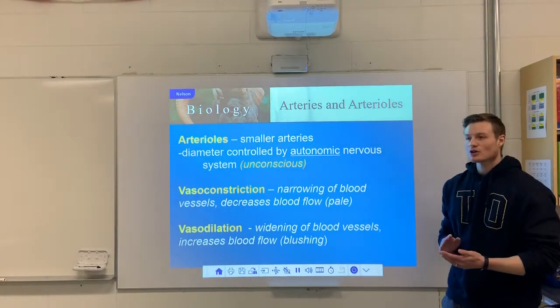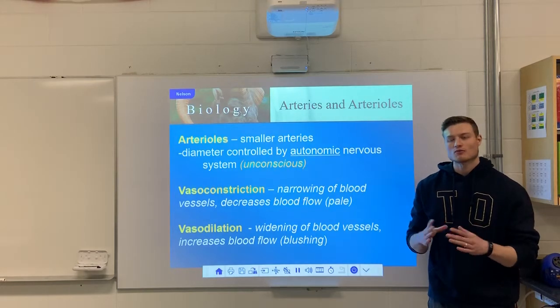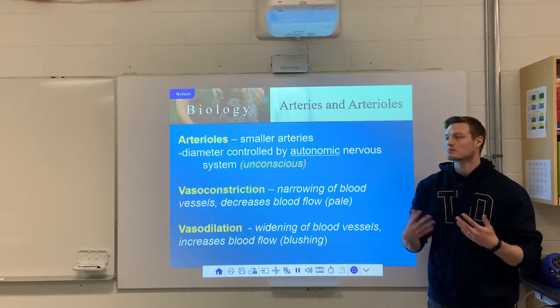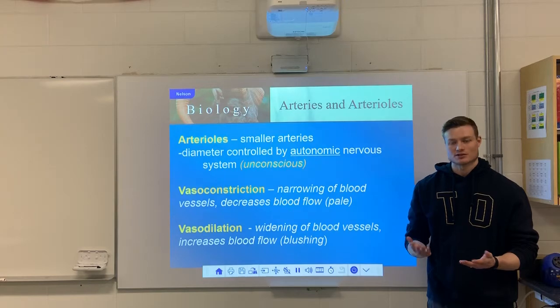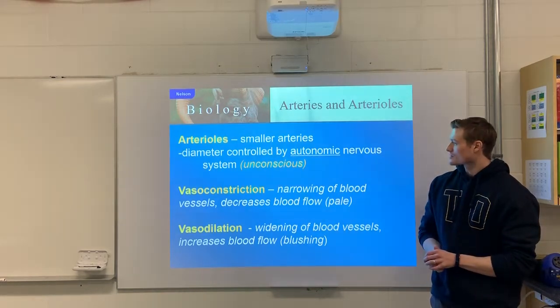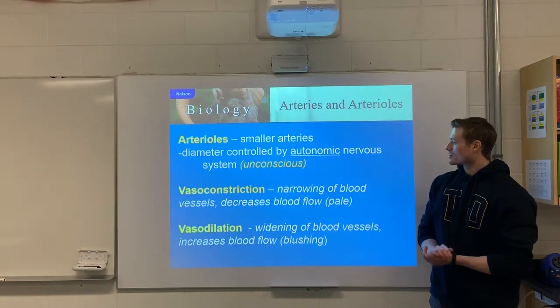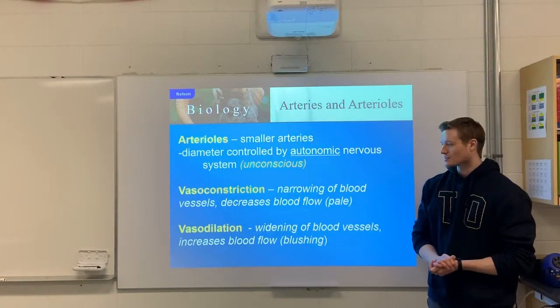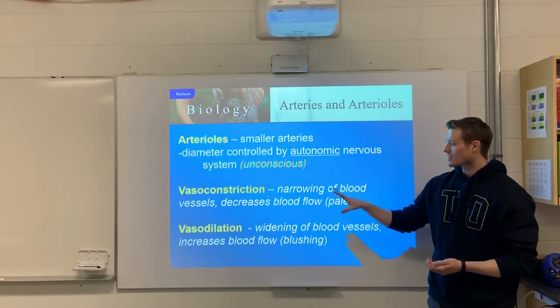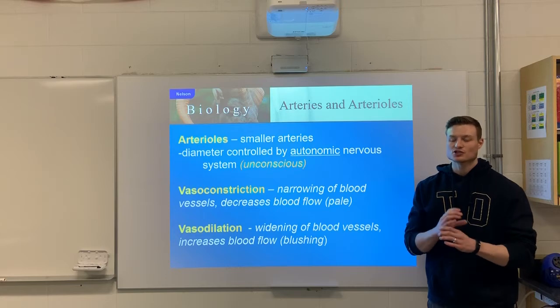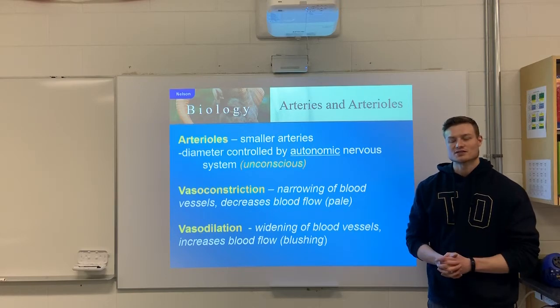Next, as arteries get smaller, they branch off into smaller versions. We call them arterioles. Arterioles are controlled by our autonomic, or unconscious, nervous system. So arterioles can change their size. They can constrict or dilate depending on the situation.